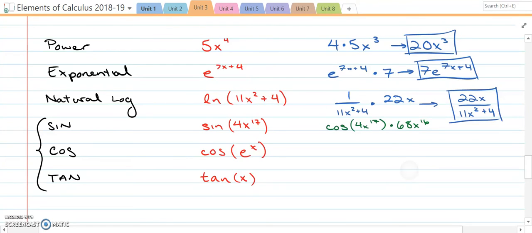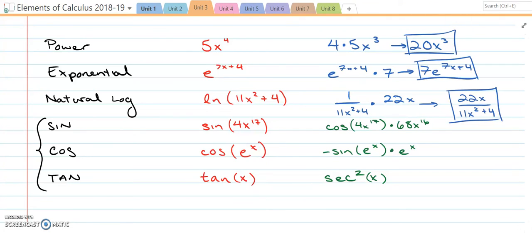For the cosine, it becomes the negative sine of e to the x. But don't forget to do the derivative of the inside as well. And finally, the tangent. I'm going to get a secant squared of x. And I would do the derivative of the inside, but what's the derivative of x? It's just 1, so it kind of took care of itself this time.